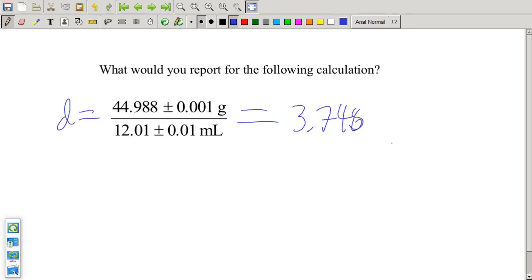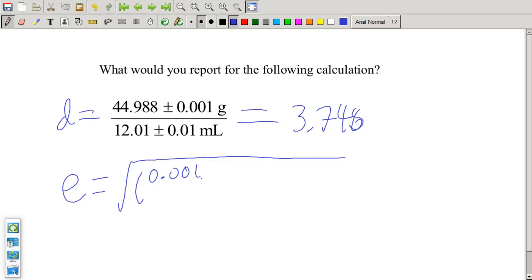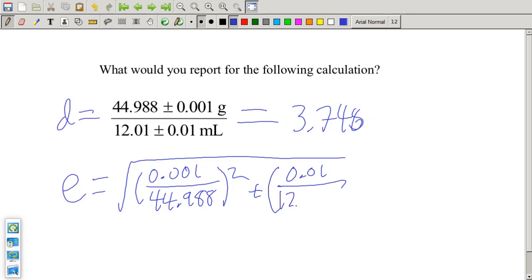Now, how do we calculate the error here? Probably the easiest way to do this is like this. I'm going to take the square root of 0.001 divided by 44.988, squared, plus 0.01 divided by 12.01.